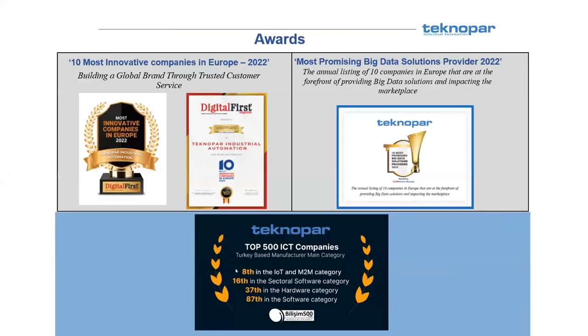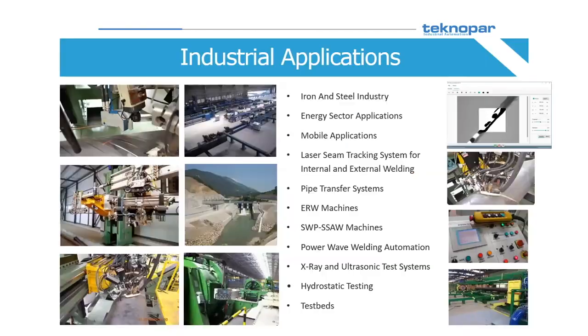Our efforts have been awarded by several organizations: we are a top 8 IoT company in Turkey, top 16 in the sectoral software category, 37 in hardware, 87 in software, and were selected as one of the top 10 most innovative companies in Europe and most promising big data solutions provider in Europe by CIO Review and Digital First.